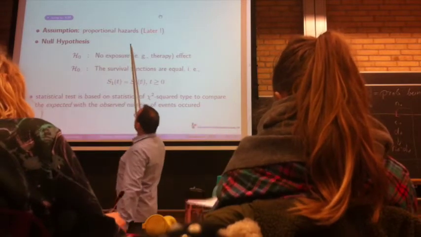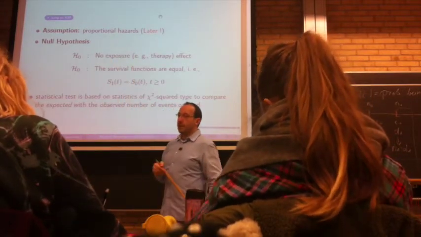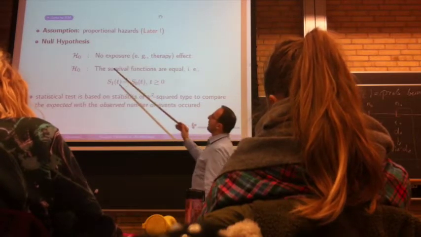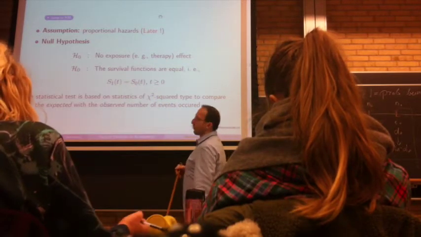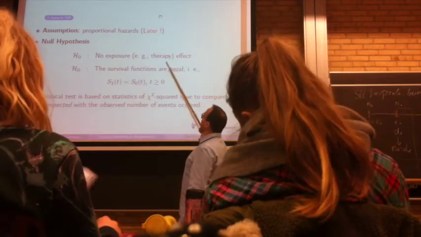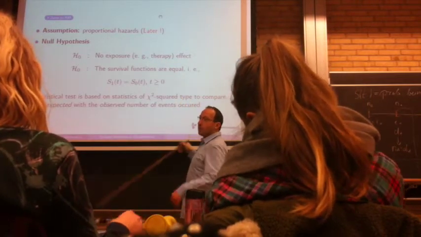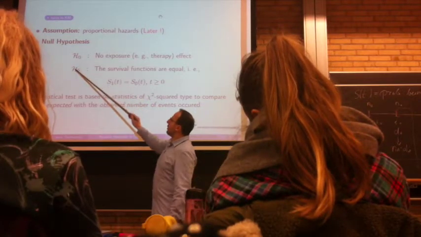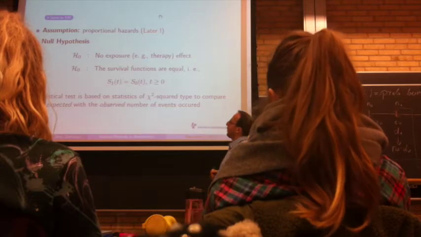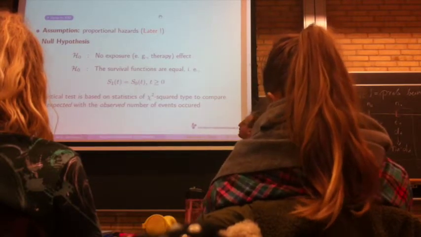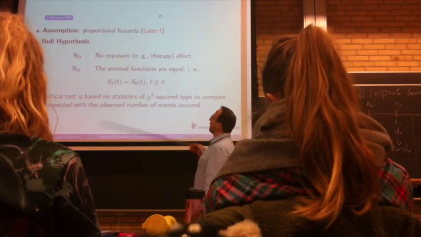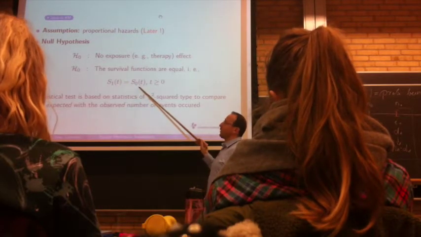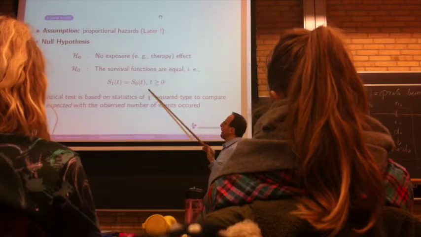The assumption for the log-rank test is that we have proportional hazards. I will explain this later. And the null hypothesis is that there is no exposure effect. This means there is no therapy effect concerning the event time or time to event. Or alternatively, the null hypothesis is that the survival functions are equal in both groups. It means the survival function in the treatment group is the same as the survival function in the placebo group at each time point.